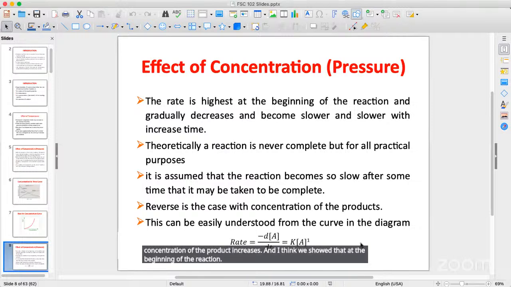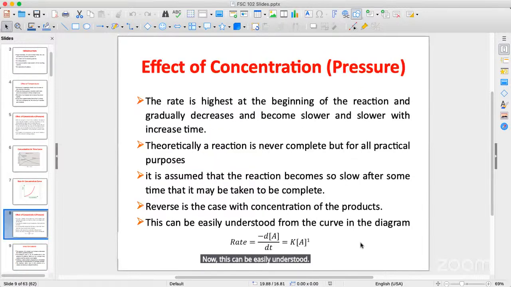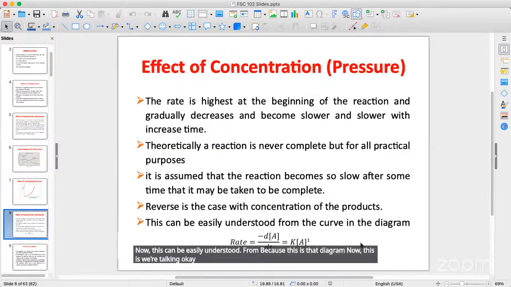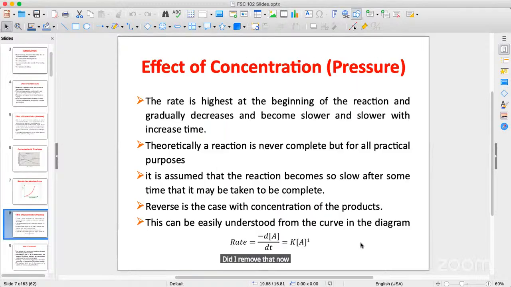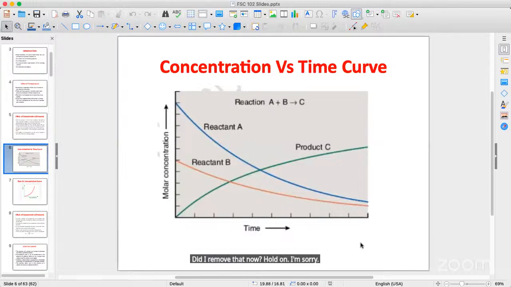Now, this can be easily understood from that diagram that we're talking about.